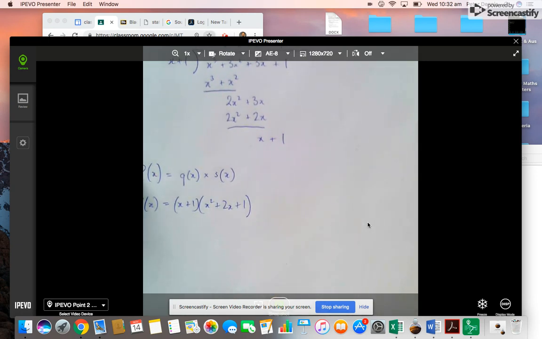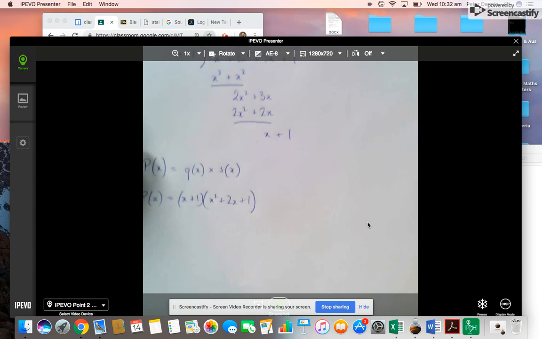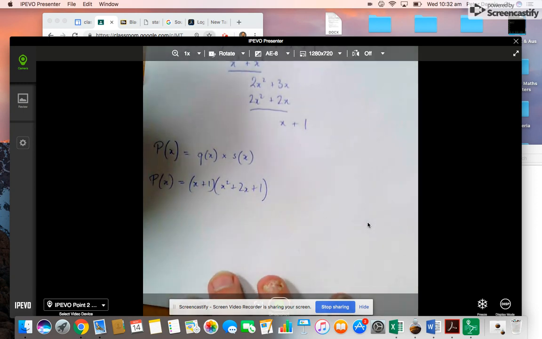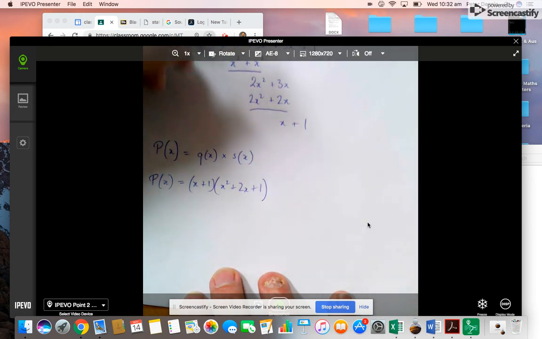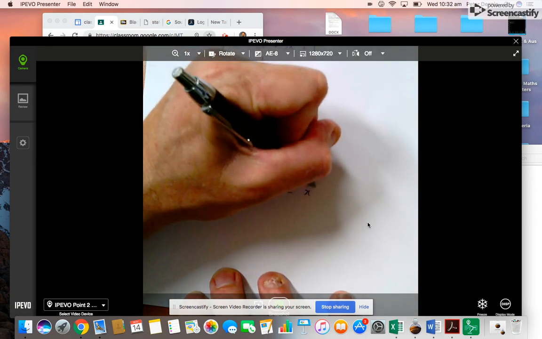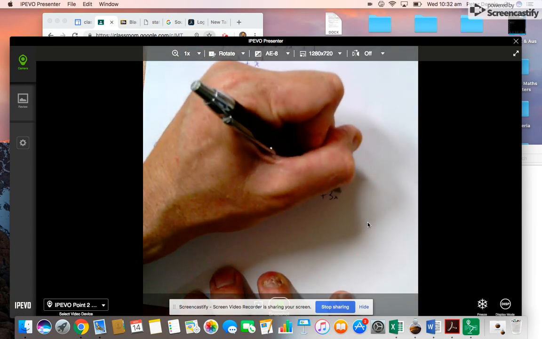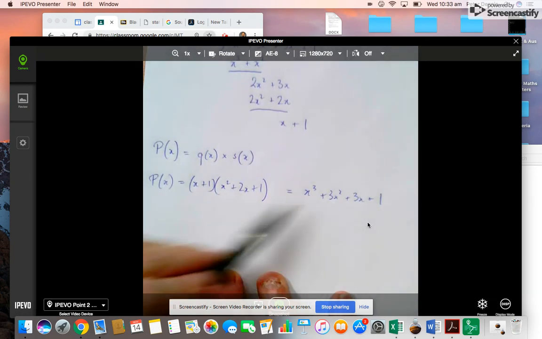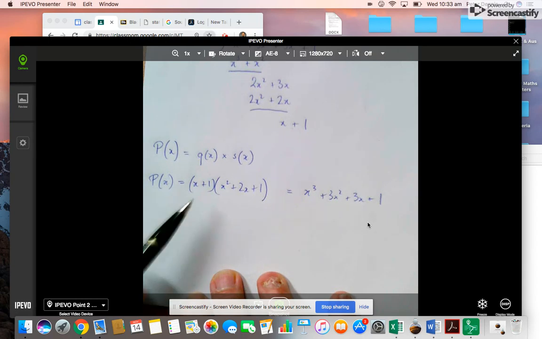The other way we could have done it was we could have just said, we now know that x cubed plus 3x squared plus 3x plus 1 factors to this.